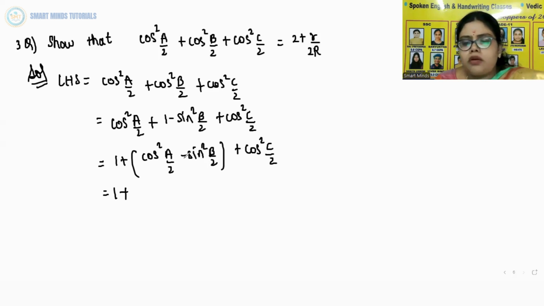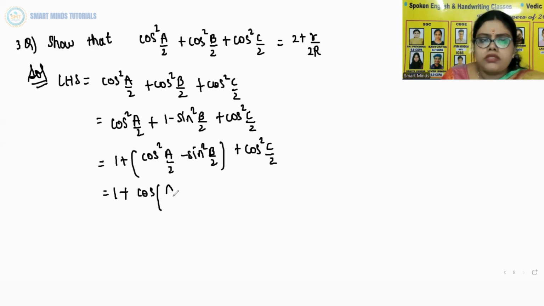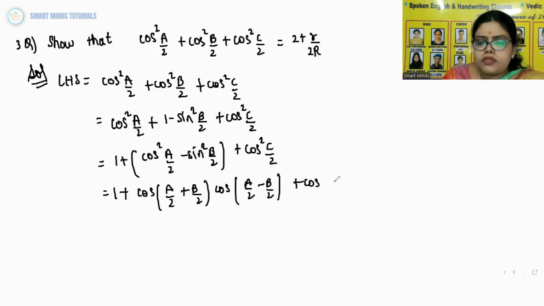That is 1 plus cos²A - sin²B. What is the formula? Cos(A+B)cos(A-B). So this is cos(A/2 + B/2) cos(A/2 - B/2) plus cos²(C/2). Why?